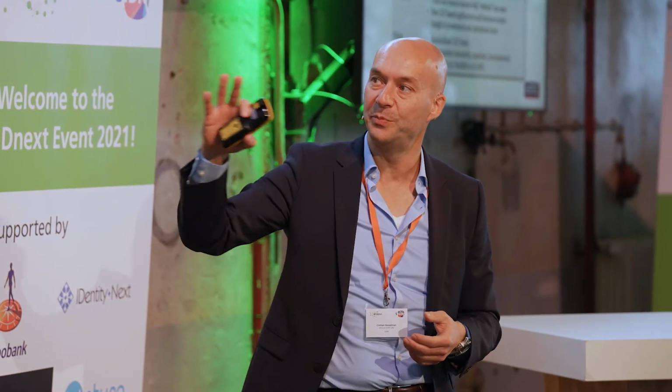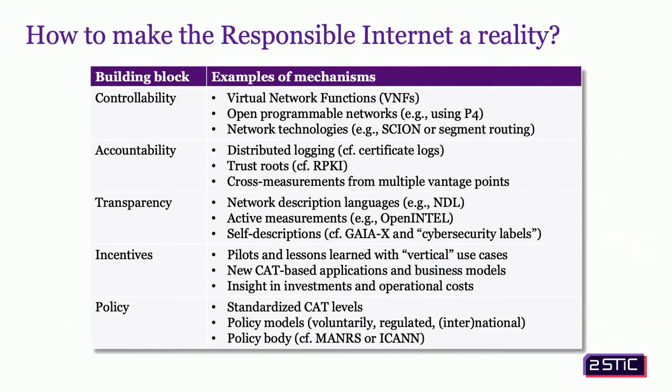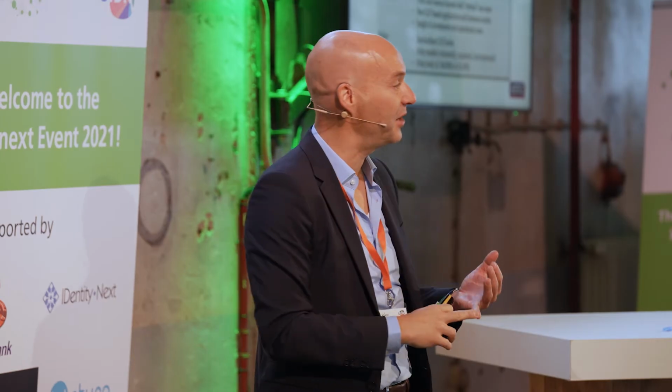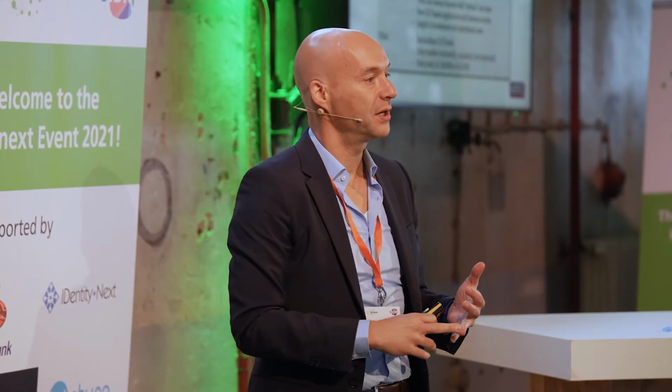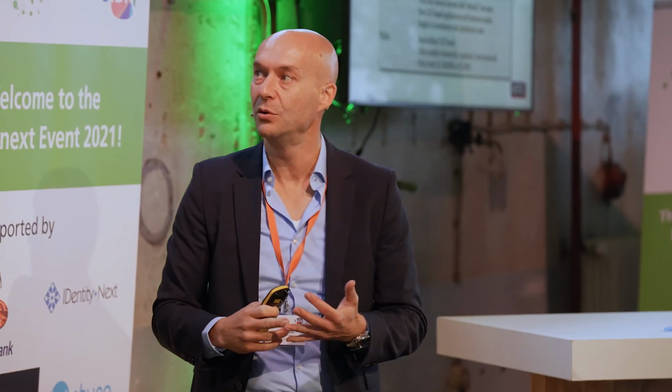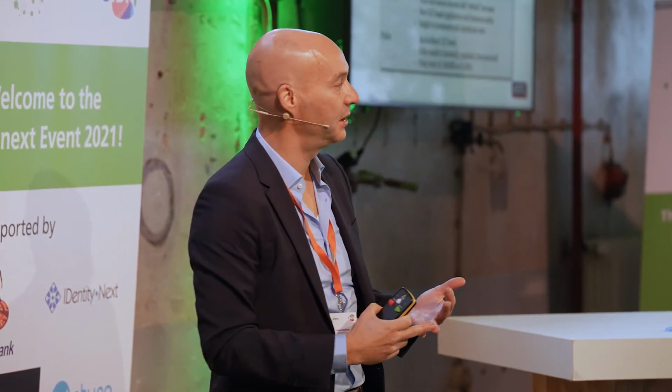But for these various building blocks that we discussed, the controllability, the accountability, and the transparency, there are existing technologies that can be reused. For example, for the transparency, we can do active measurements of the network infrastructure, or we can rely on self-descriptions, and we can use a language like the Network Description Language, or NDL, to describe that whole lot.